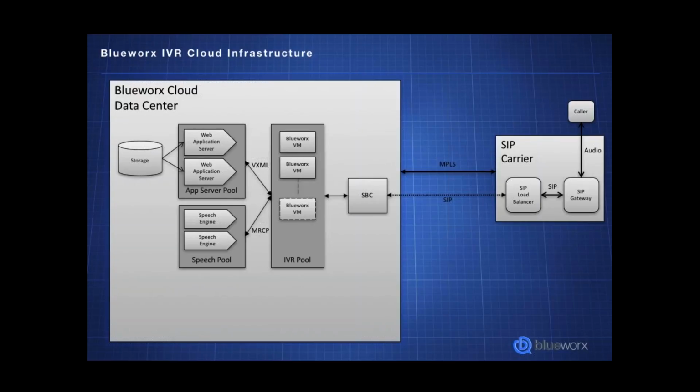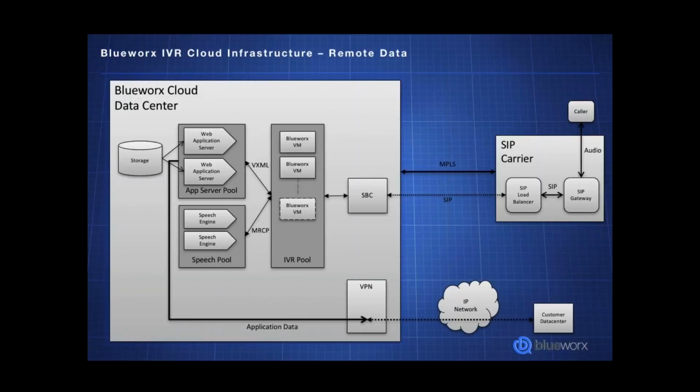That goes into a pool of Blueworx VMs to handle the call. The voice XML is generated by an application server pool now, again using load balancing, and we also can use a pool of speech servers, either Nuance or Lumenvox in this case.